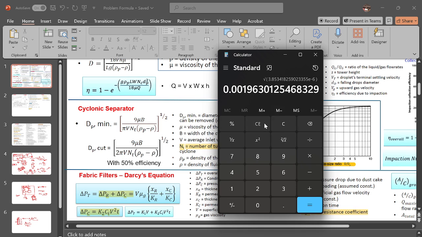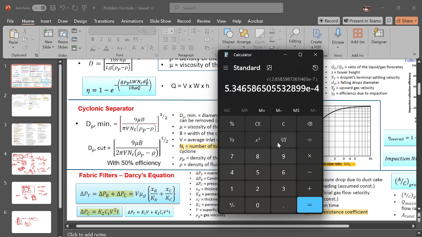Wait a second, where is the mistake? 9 into mu, the viscosity of the air, 0.0748 kg per meter, into 0.2 divided by 2 divided by 3.14 divided by 10 divided by NT, which is 5, divided by 1500, the particle density.